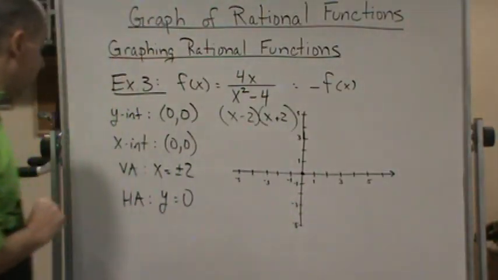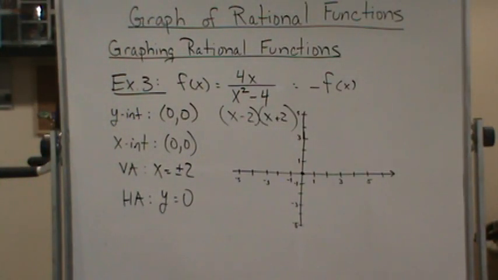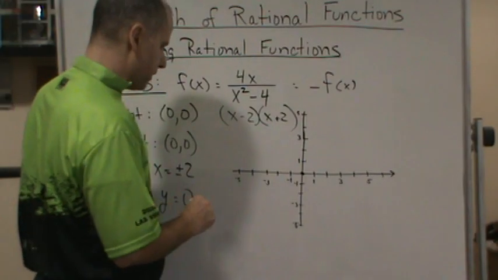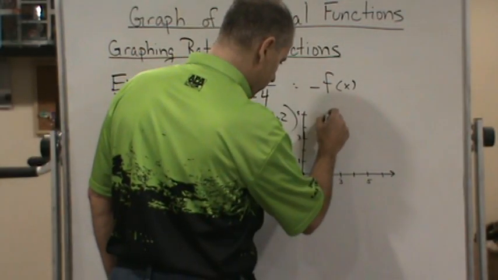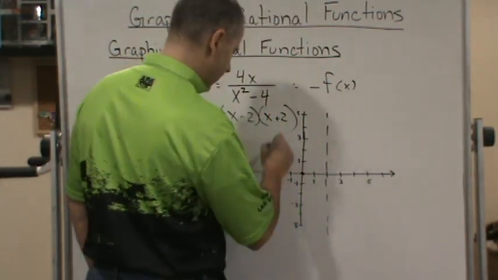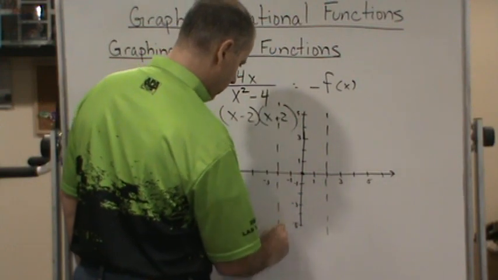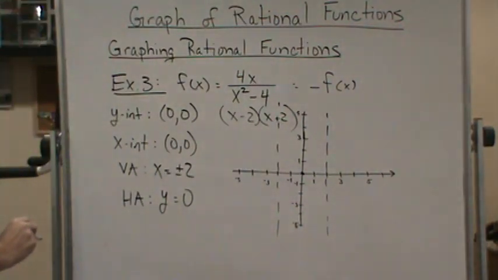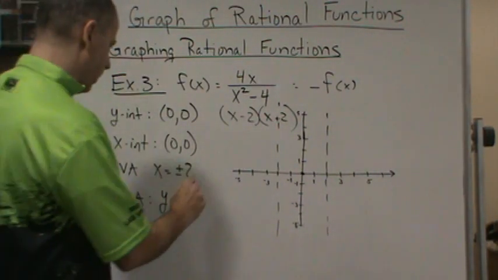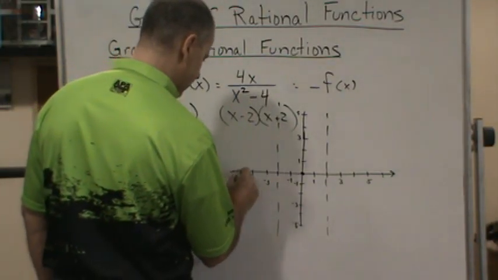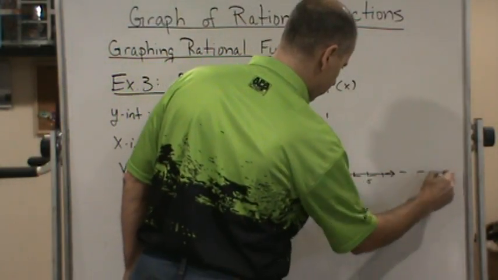Our vertical asymptotes are at plus and minus 2, so that's going to be here and here. And then we also have the horizontal asymptote at the x-axis, which is right here.